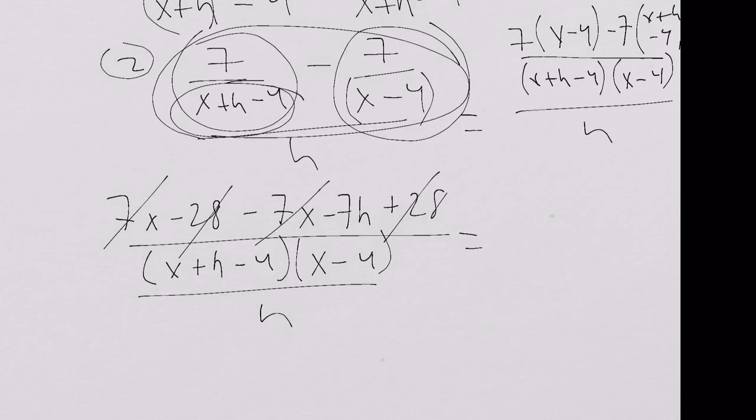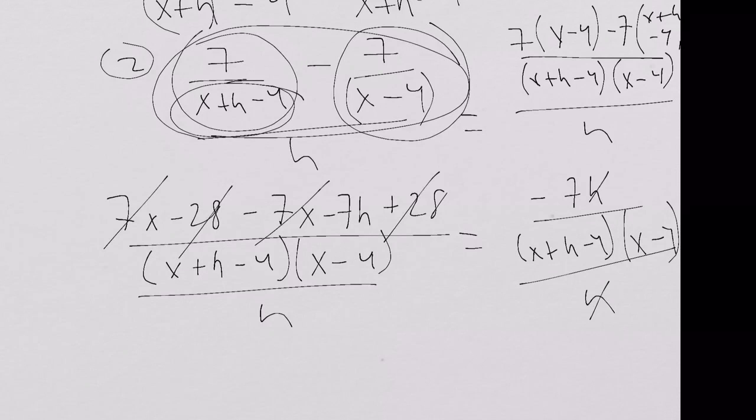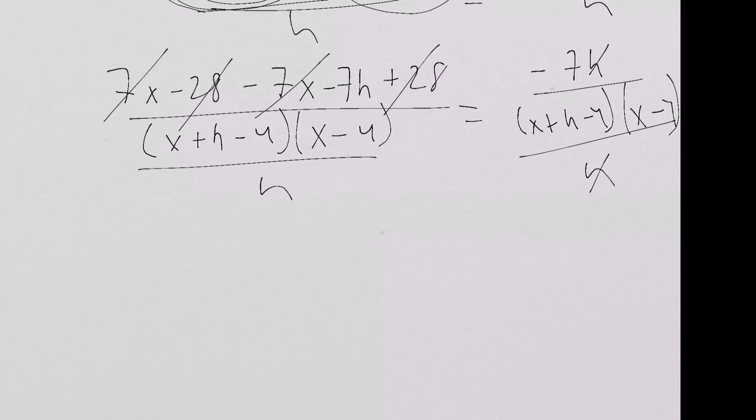So all I have up top is negative 7h over x plus h minus 4 and x minus 4, and this is all over h. Well, these h's cancel out. So what I have now is negative 7 over x plus h minus 4 and x minus 4.